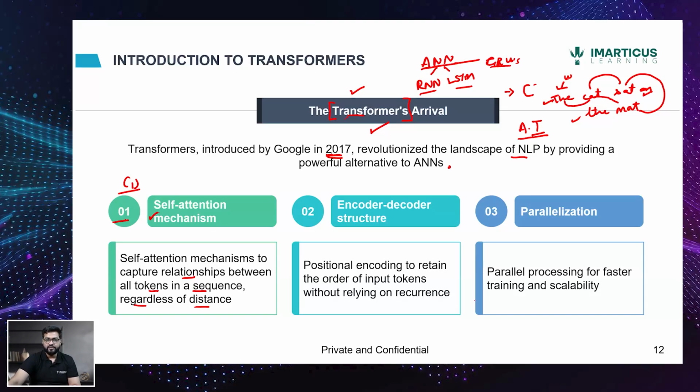Like mentioned earlier, these artificial neural networks were not able to understand the context for a given sentence. Given a huge paragraph or a huge sentence, they would forget what was there in the beginning while generating the last end text. To overcome this issue, we got the self-attention mechanism.